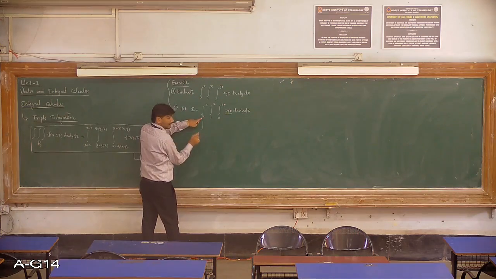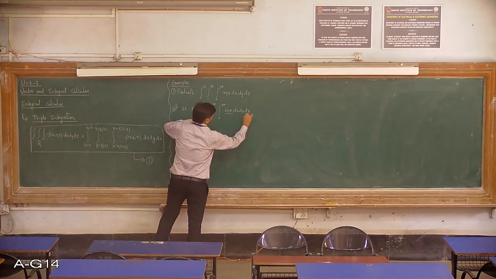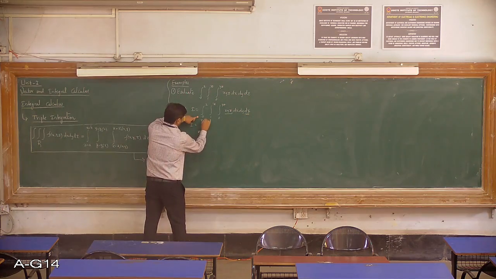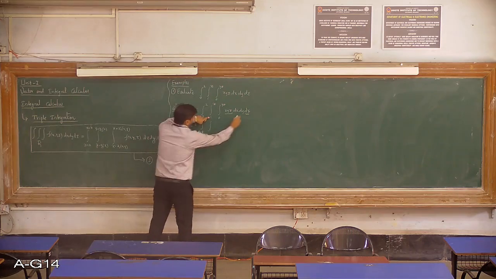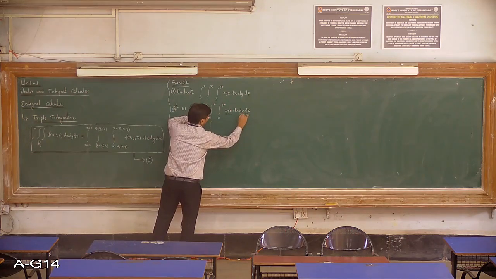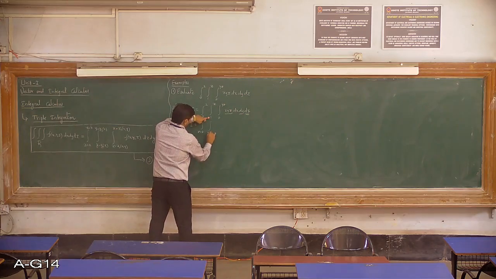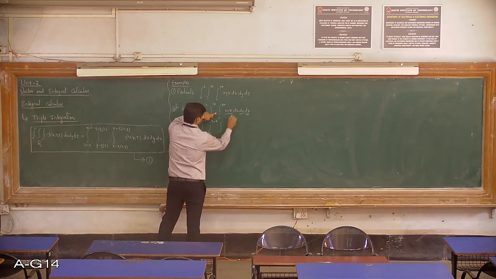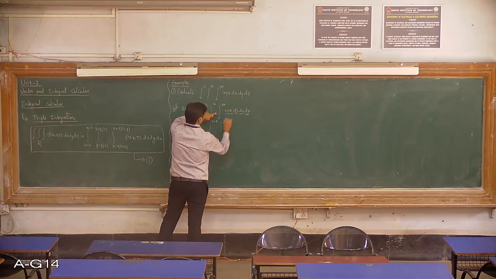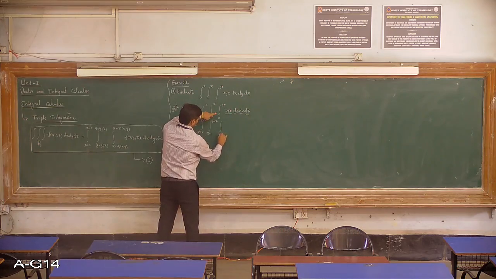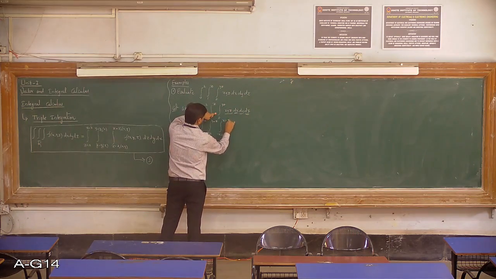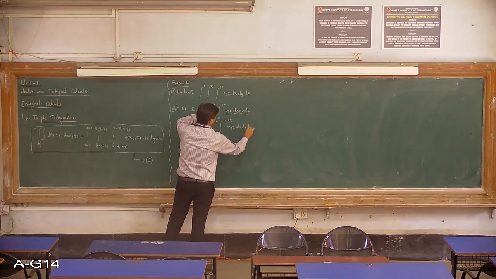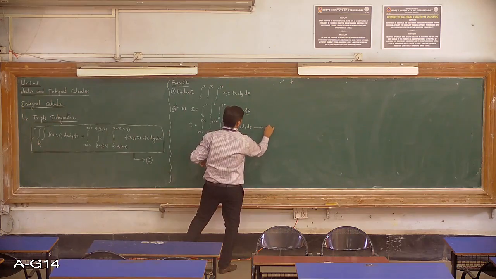The first integration is for the last variable, that means z equals 0 to z equals 2. Next, the second one is for y, so y equals 1 to y equals z, and this third one is for dx, so x equals 0 to x equals yz, of x y z dx dy dz. And now we can call it equation number 1.